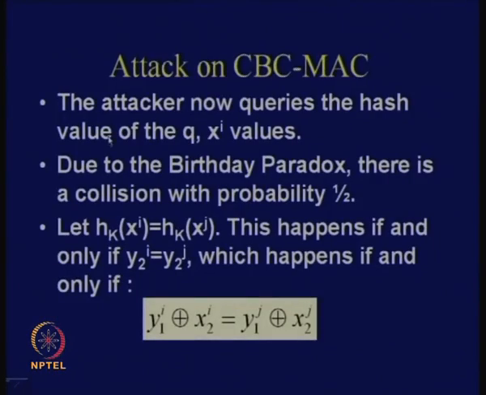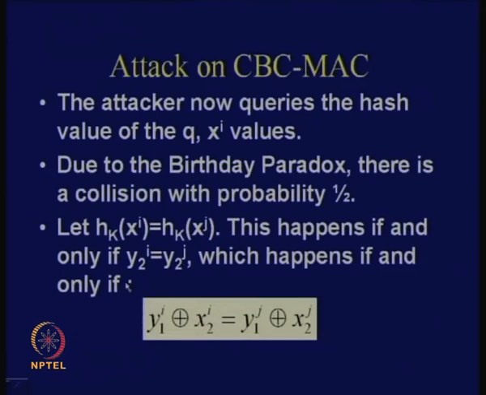Now the attacker queries the hash value of the q x_i values. So you take all the x_i values and ask for the corresponding hash outputs. Due to the birthday paradox, there is a collision with probability half or more than half.